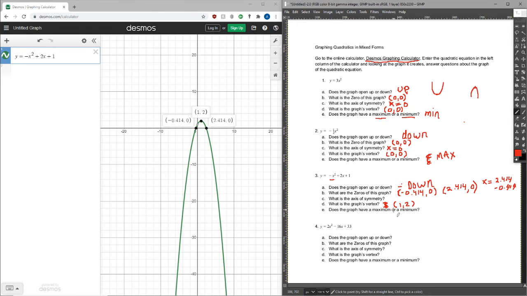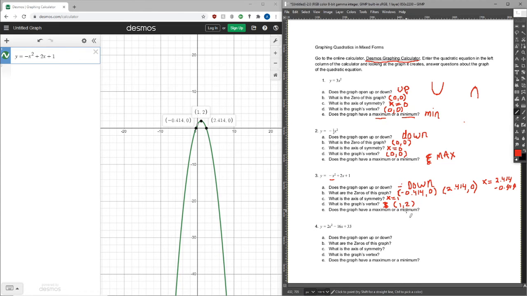That's good enough for our vertex. Our axis of symmetry, though, is that very first number, and it's x equals that number. Don't just write 1, because that doesn't mean anything to us. But if you write x equals 1, that's your axis of symmetry.